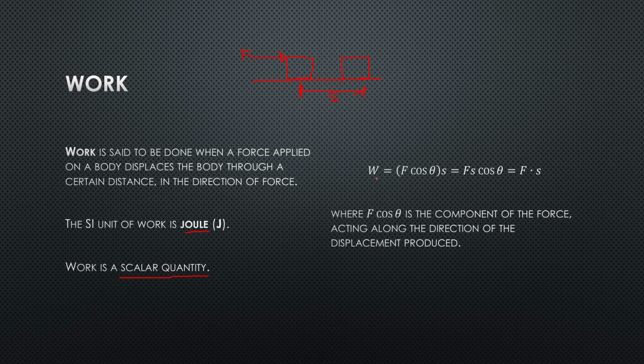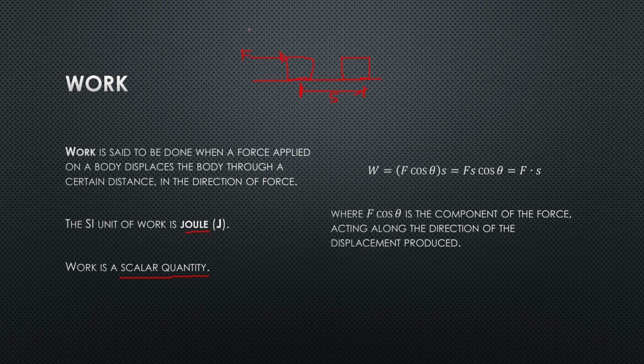So the formula for work is given as force multiplied by cosine theta multiplied by displacement, or simply Fs cosine theta, or simply force multiplied by displacement, where F cosine theta is the component of the force acting along the direction of the displacement produced.